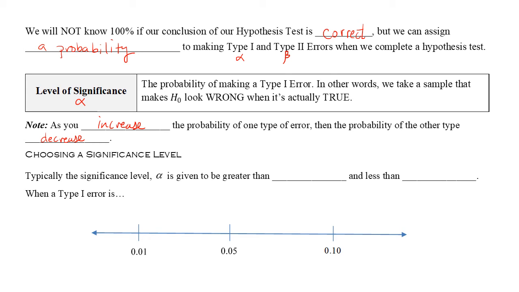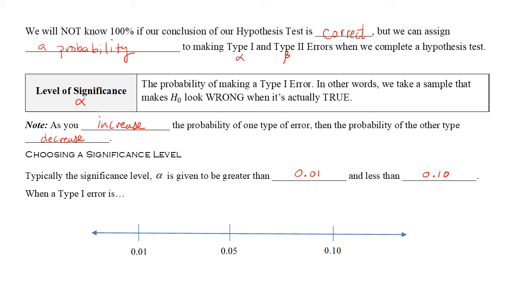And that can be useful in helping us choose a value for alpha. So typically, we're going to try and assign a value for alpha somewhere between 0.01 and 0.1. So on the lower end of the spectrum, we'll assign alpha a value of 0.01, and on the upper end of the spectrum, we'll assign a value of 0.10.